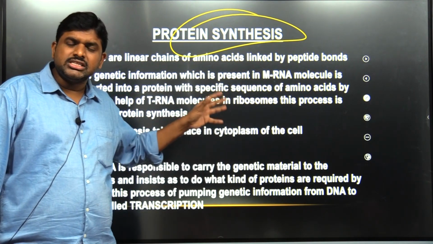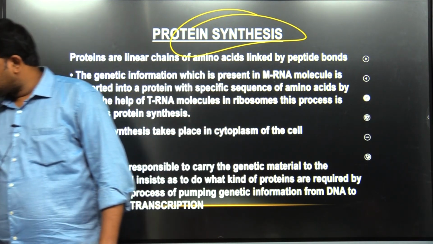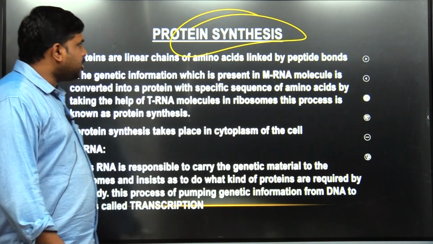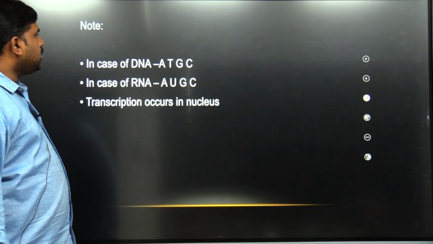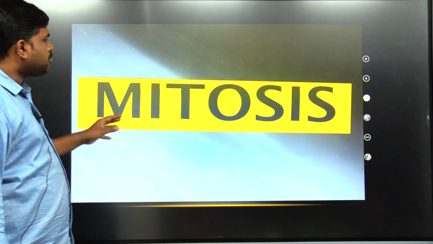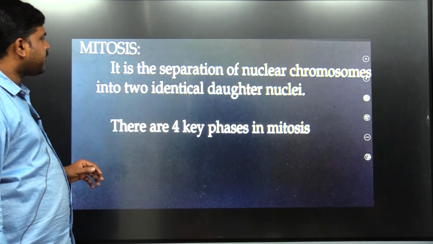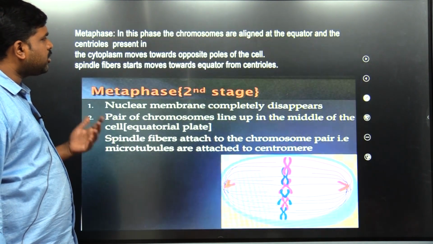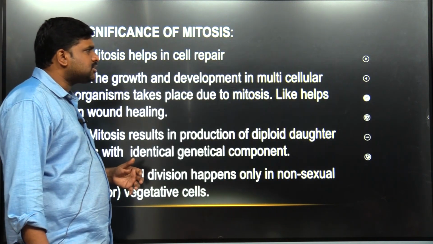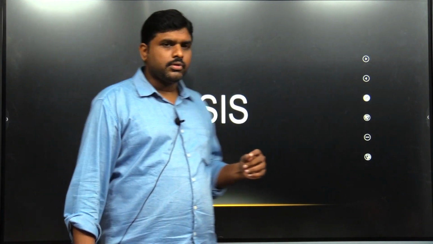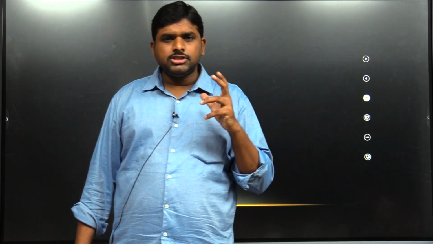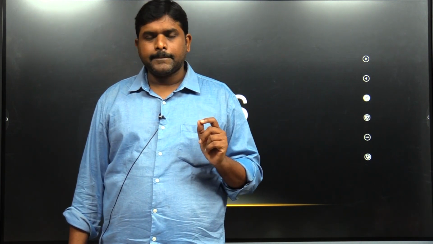So how this protein synthesis will happen, we will discuss tomorrow. With protein synthesis, we will discuss cell division, mitosis, what is mitosis and what is meiosis. Mitosis, meiosis is easy. Protein synthesis you have to understand.